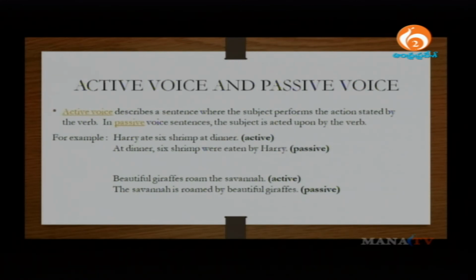Active is when that is happening: beautiful giraffes roam the savannah. The savannah is roamed by beautiful giraffes is a passive voice. Simple. Which signifies the work that the people are doing. And when it is active, you are just describing to somebody, and when it's passive, you are telling somebody. That is the only difference.